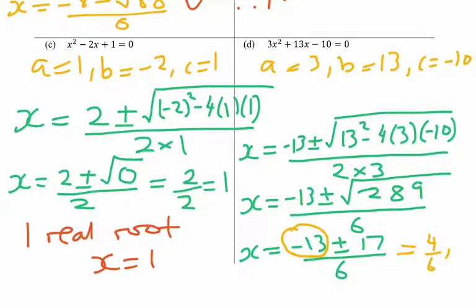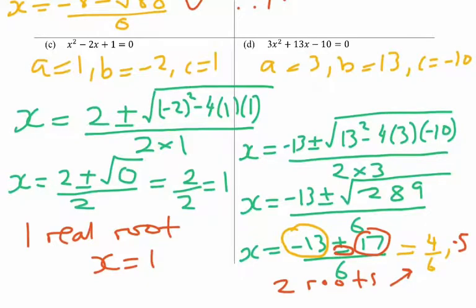And then the next part will be the -13, but this time it'll be the minus 17 divided by 6. So minus 13 minus 17 is minus 30. Divided by 6 is minus 5. So the two roots are, well, there's actually two real roots, isn't there? Two roots. Okay, there they are.